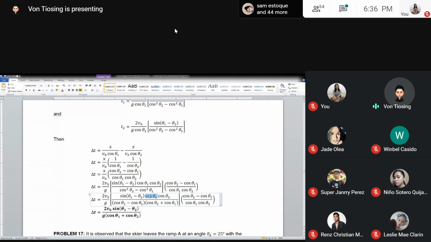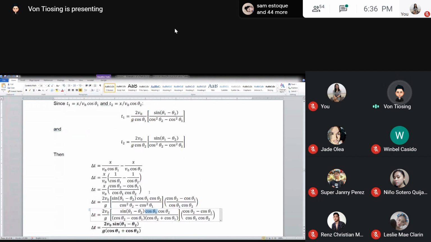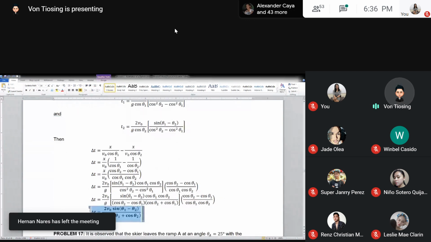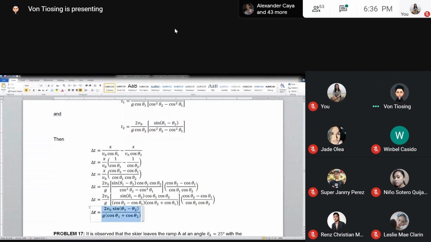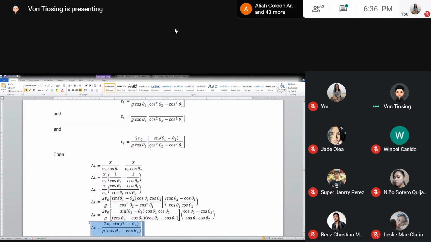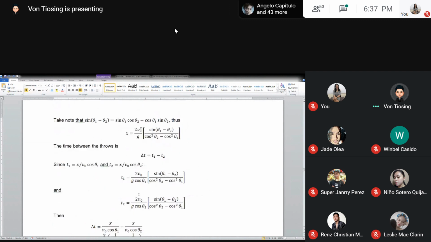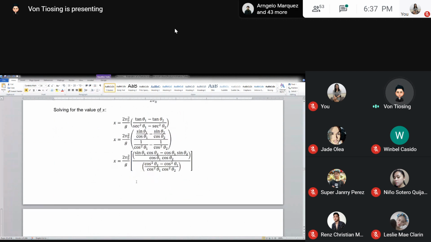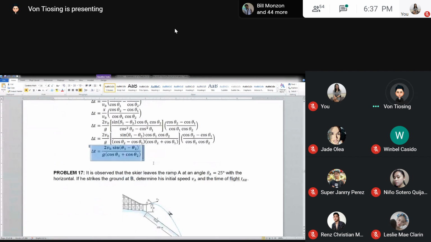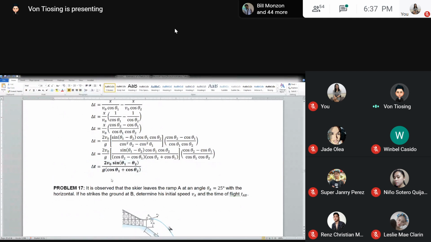I need to find where this term came from. It should not be here, and it should cancel out. But I promise you that the answer is this value. I'll double check it. I am also missing a term here. I'll come back to it.